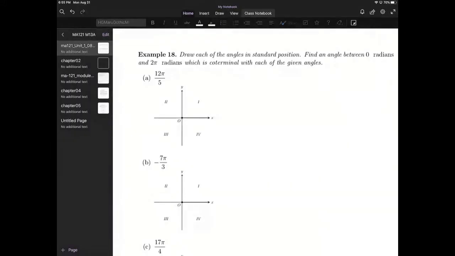So we're going to draw the angle in standard position and find an angle between 0 and 2 pi. One thing you need to notice is that 12 divided by 5 is 2.4, right? So what I'm saying is that this angle is beyond 2 pi.